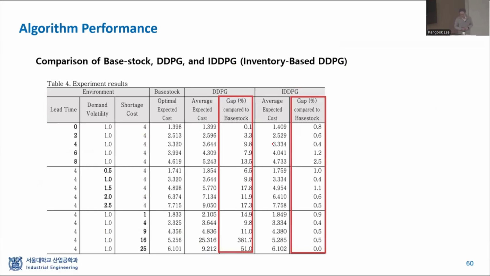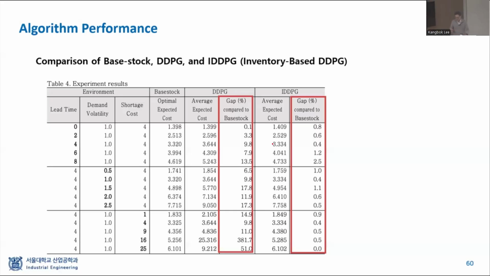So let's compare the results. By just naively applying DDPG, we have this kind of cost. So the cost gap from the base stock is as follows here. And if you compare it with the cost gap of IDDPG compared to the base stock, you see that most of the numbers here are quite stable and low compared to the DDPG numbers, especially when the lead time becomes quite long and the demand volatility and shortage cost are high.